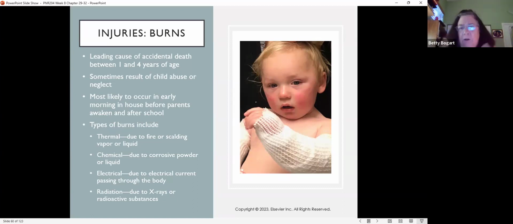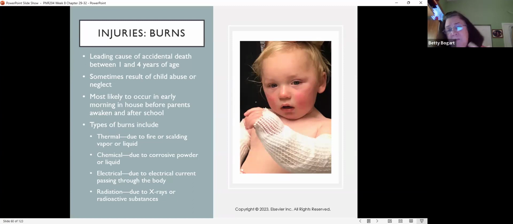I mean, there's all different ways kids get this. And it's not always neglect. Sometimes it is. Sometimes it's abuse. But most of the time, the parents need to be taught how to keep things away from their children and to be aware of what can happen with it.